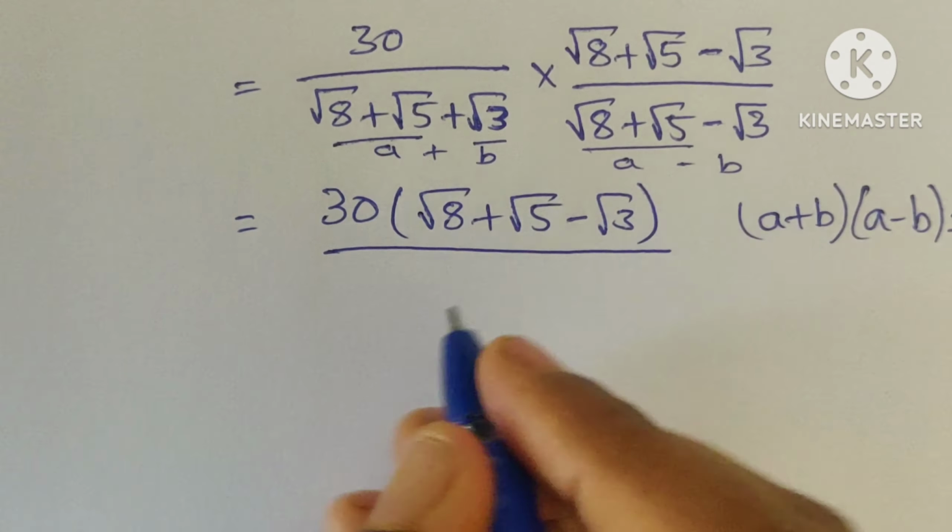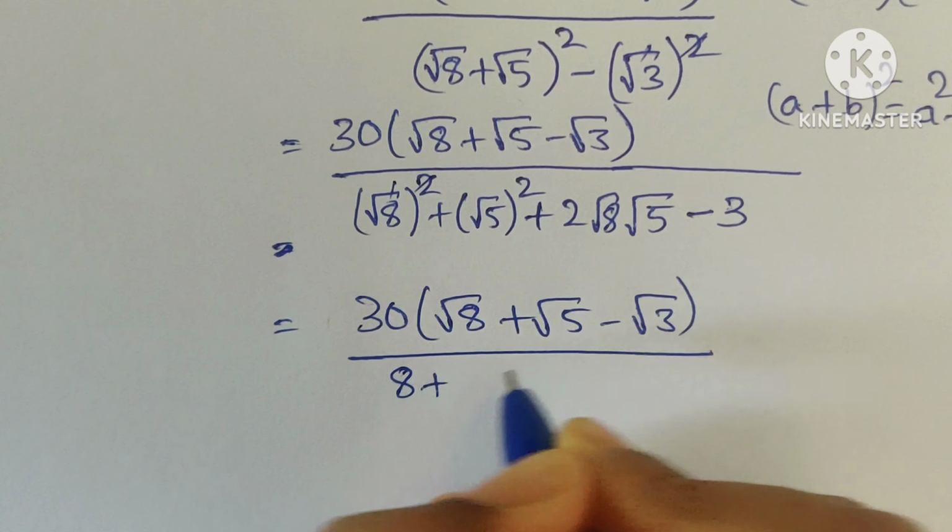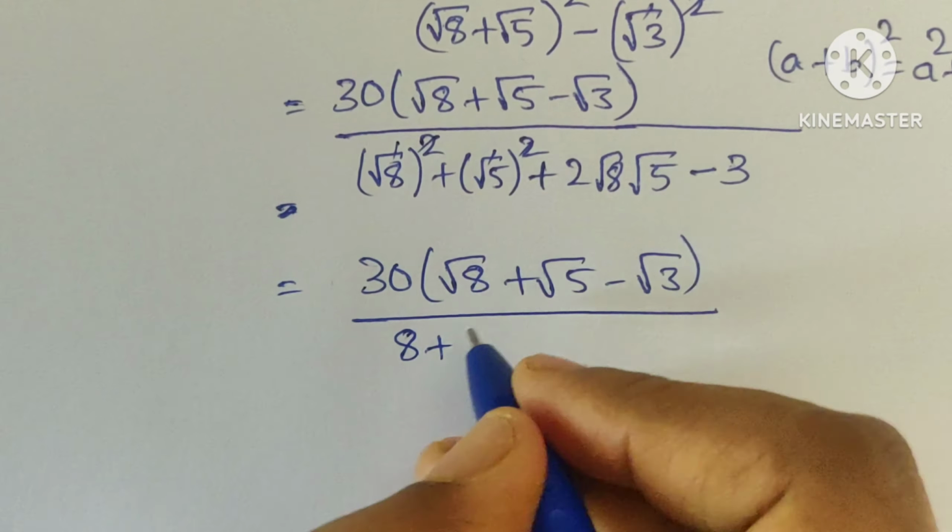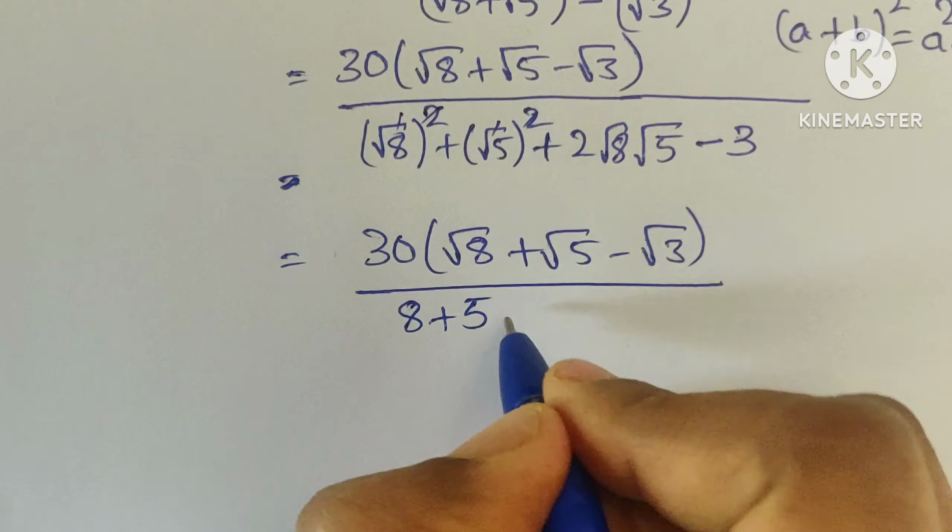So now 30 times square root of 8 plus square root of 5 minus square root of 3 divided by, so here square root gets cancelled, 8 plus square root gets cancelled, 5. So plus, so here 8 times 5 which is equal to 40.